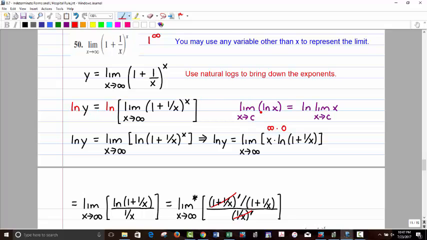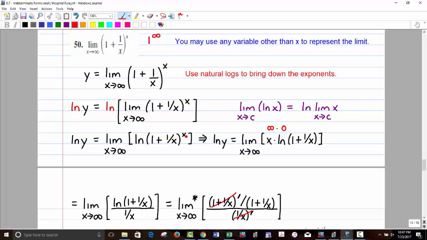Now here's an interesting property, and you'll be able to save some steps once you realize this in the future. You take the ln, and you can go ahead and put the ln on the inside if you want to, but I didn't want to do that for the very first problem. But anyway, I took a little extra care on this one. You can do it all in one step if you want to, but the natural log of a limit is the same thing as the limit of the natural log.